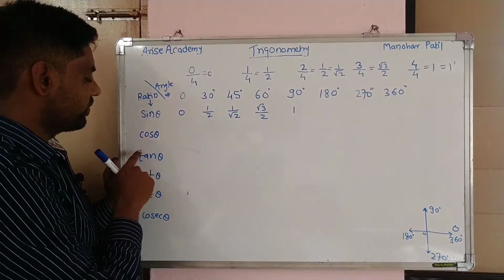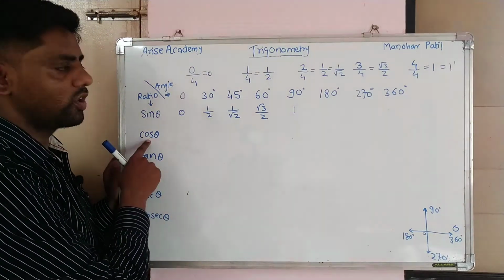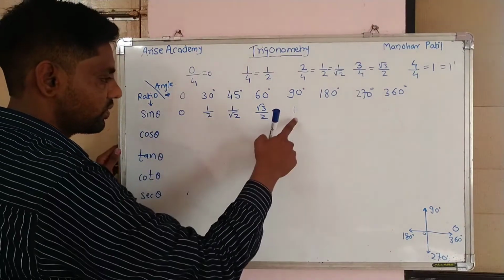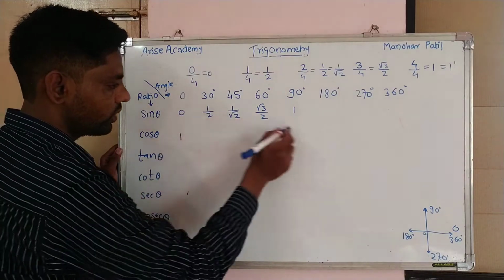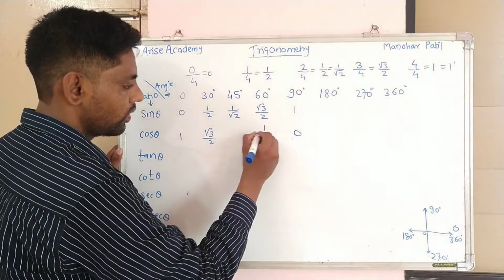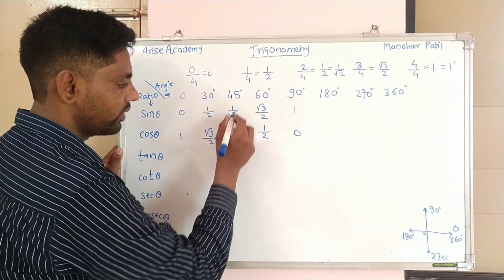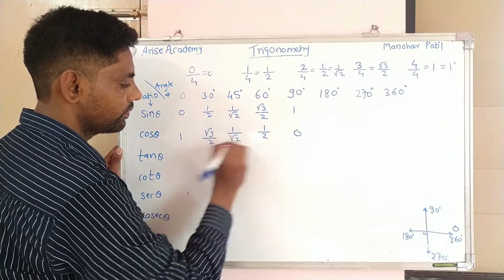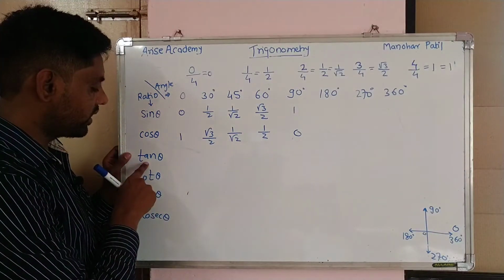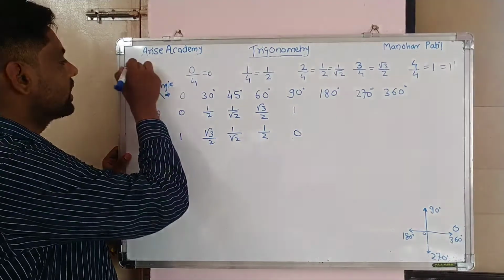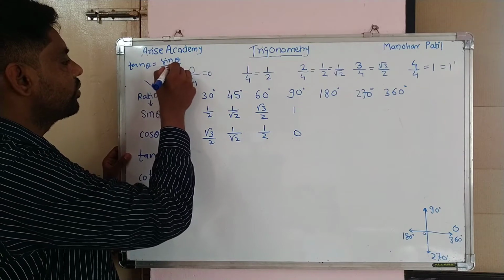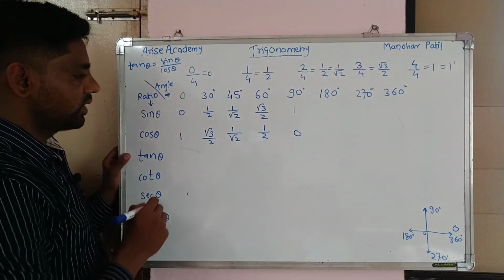Next we find the values for cos theta. For that, you just interchange the values: 1 here, 0 here, root 3 by 2, 1 by 2, and 1 by root 2 is always the same for 45. Next, to find the values for tan theta, we know that tan theta is equal to sin theta upon cos theta.